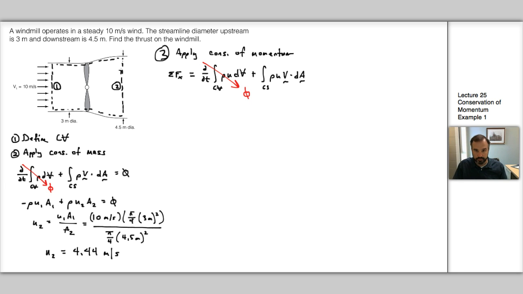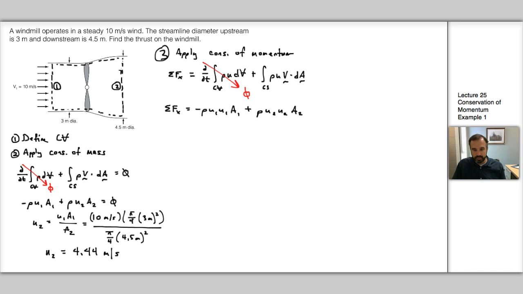So if we look at the surface 1, we have negative rho u, and V dot dA is going to just simply be u times A. So we have the sum of the forces in the x direction is equal to negative rho u1 u1 A1 plus, and the same thing on control surface 2, we have rho u2, V dot dA is u2 times A2, and that's in the positive direction because it's an outflow. So rho u2 u2 A2.